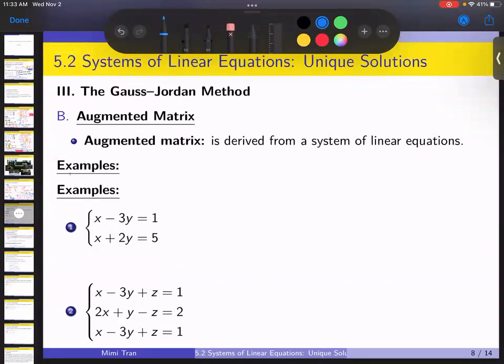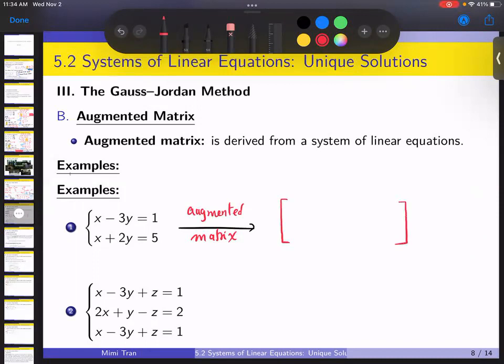So this is how we're going to convert the system of equations into matrix form. It's called the augmented matrix. It's derived from a system of linear equations. So for example, if I derive this like this, then I'm going to draw a rectangle, or close the big bracket, you know, matrix, right?